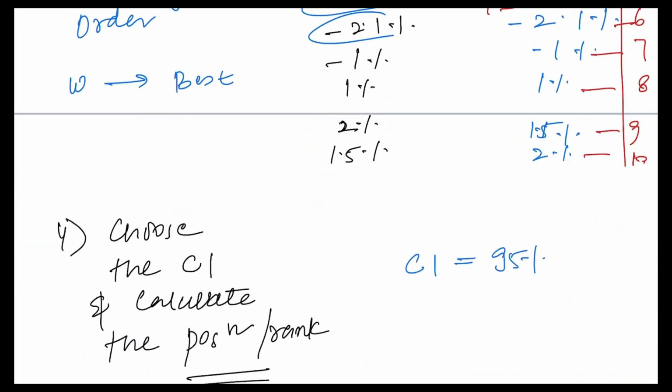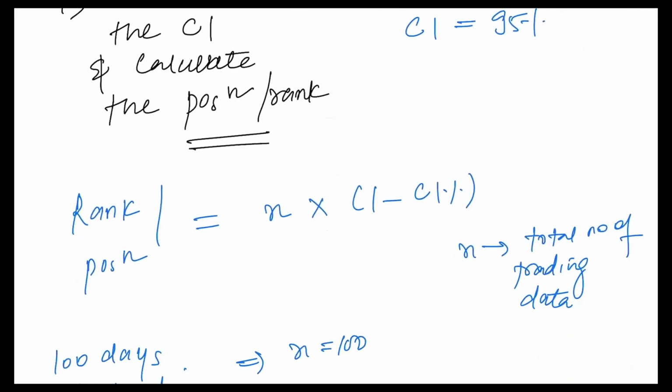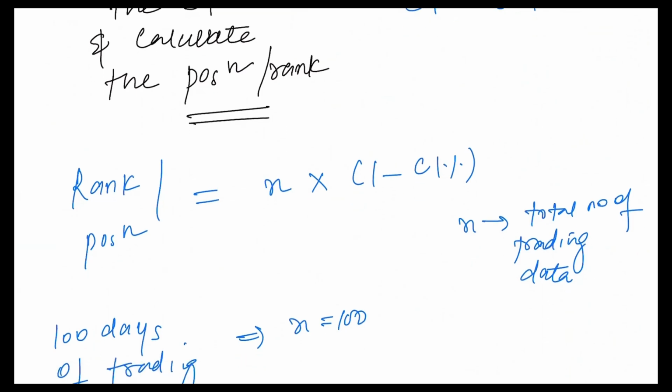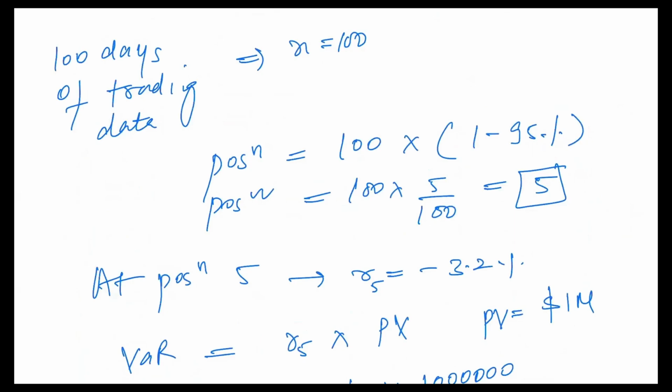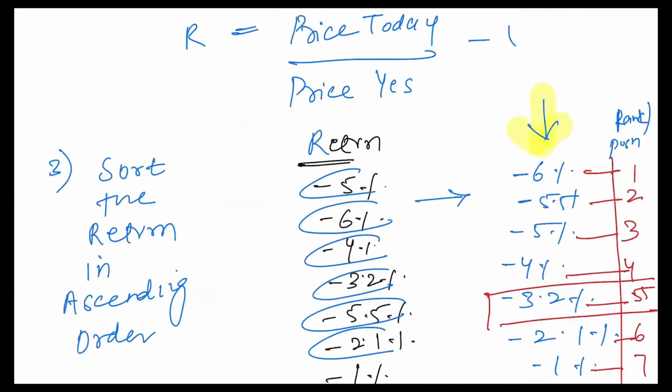So once you do this, choose your confidence interval and calculate the position. So your position is nothing but n multiplied by 1 minus confidence interval, where n is your total number of trading data you have taken. So let's say you have taken 1 year of data, which is nothing but 252 days of trading data. So you'll take n is equal to 252, and multiply with 1 minus confidence interval. Whatever position you get, you just need to look out for the return at that position.